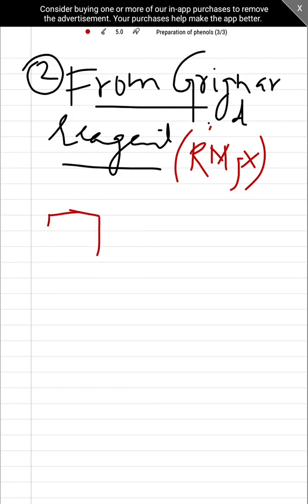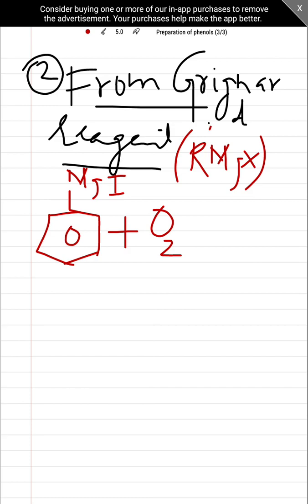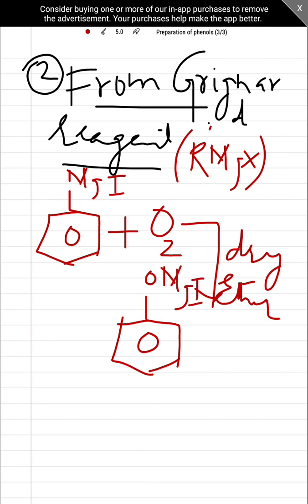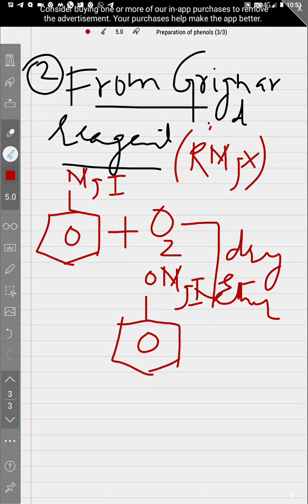Therefore, how to prepare a phenol? Look here. When phenyl magnesium iodide is bubbled with oxygen in presence of dry ether, what does it produce? Phenoxy magnesium iodide. But our aim is to prepare phenol.